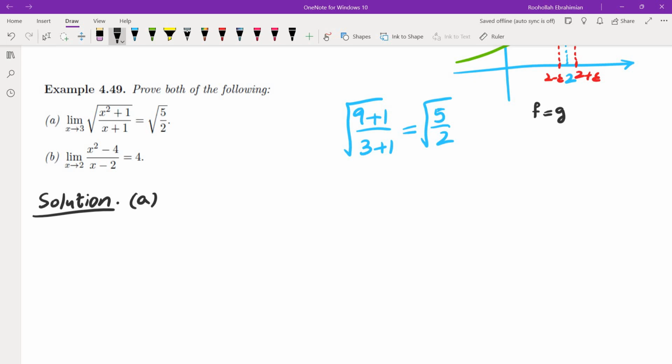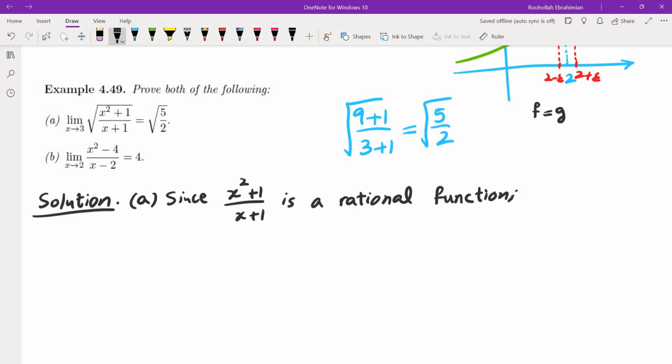So, since x squared plus 1 over x plus 1 is a rational function, it is continuous on all real numbers except for -1.